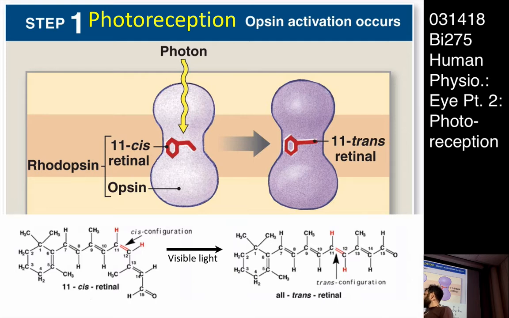And this double bond right here at the 11th carbon, at C11, this is a cis double bond. Cis meaning, so double bonds, most of you hopefully will remember from organic chemistry. Did you guys take organic chemistry? Yeah, they are non-rotatable. You can't rotate around a double bond the way you can a single bond.